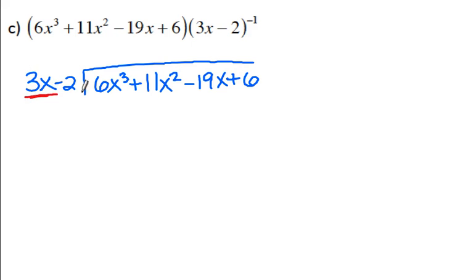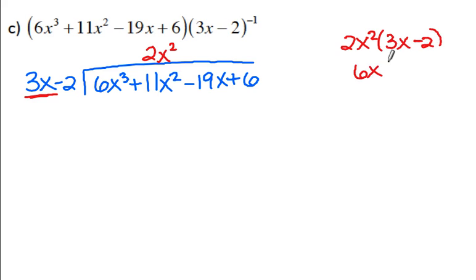What times 3x gives you 6x cubed? Well, 2 times 3 gives you 6. And then x times x squared is going to give you the x cubed. So 3x times 2x squared gives you 6x cubed. I'm going to take my 2x squared and multiply it by 3x minus 2.